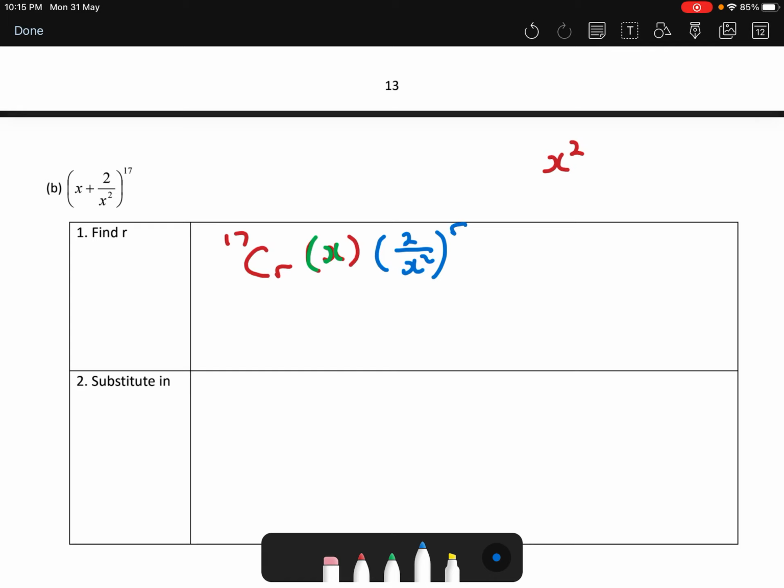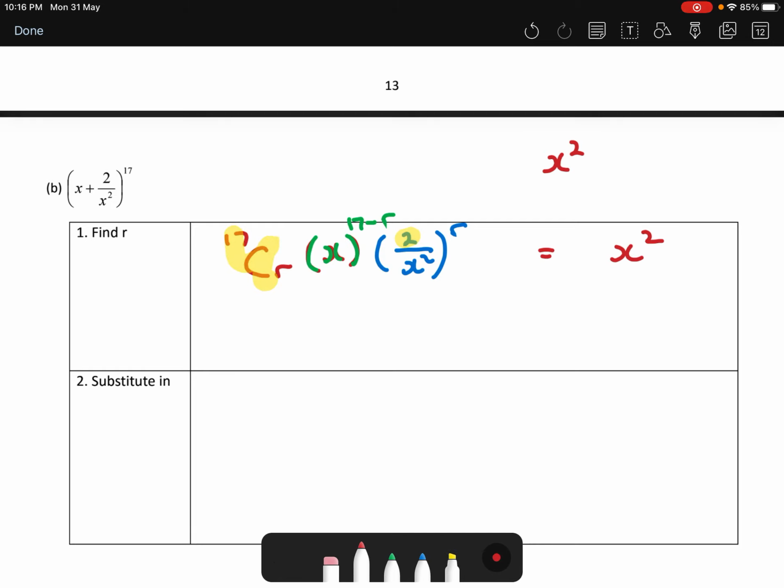This is the general term I'm talking about. Since I'm interested in the x squared term, this general term must be equal to x squared. Now I focus my attention on the x only. I do not need to care about the 17 choose r and the 2 right here.